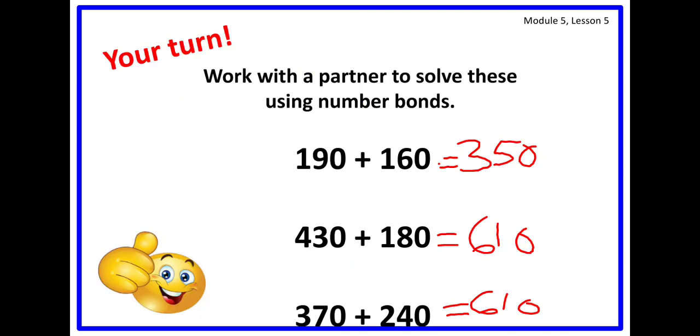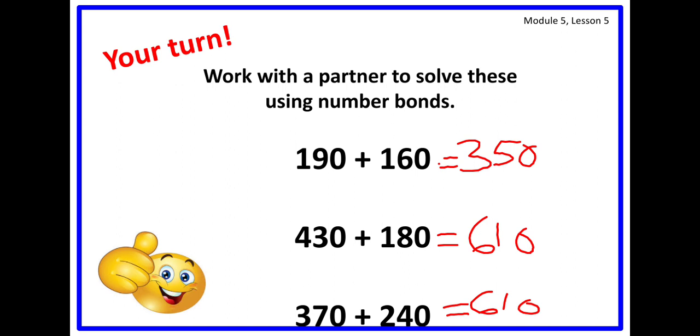Now, work with a partner to solve this using number bonds. 190 plus 160 will give you 350. 430 plus 180 will give you 610.